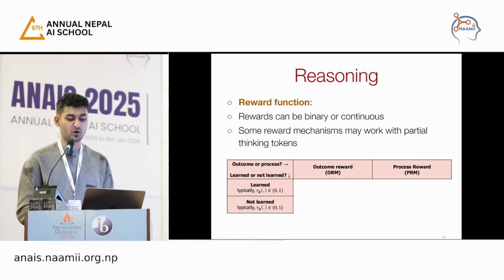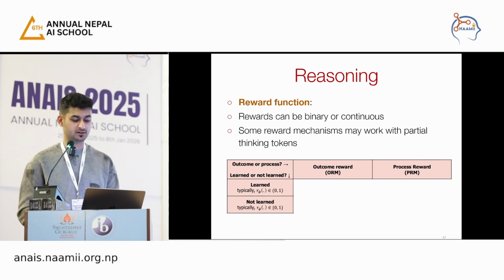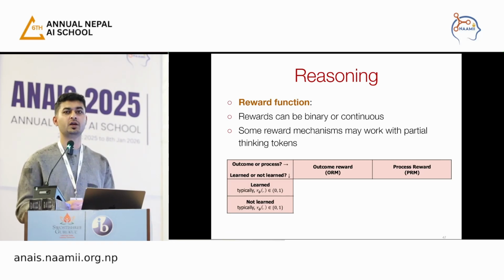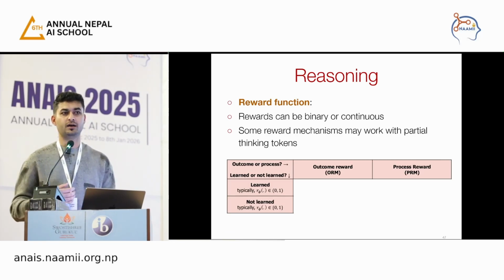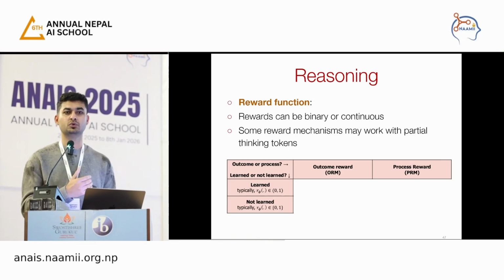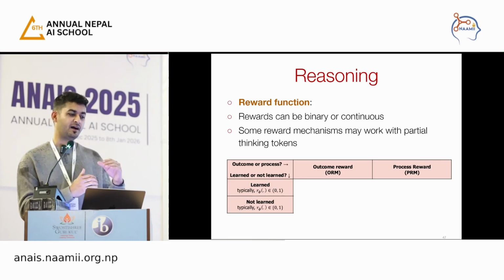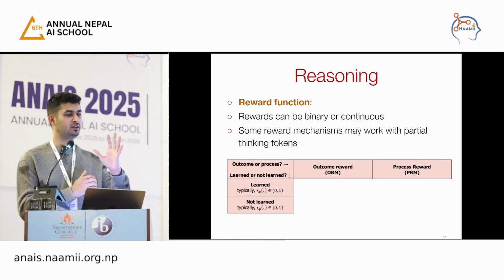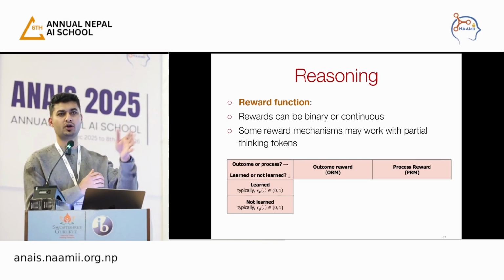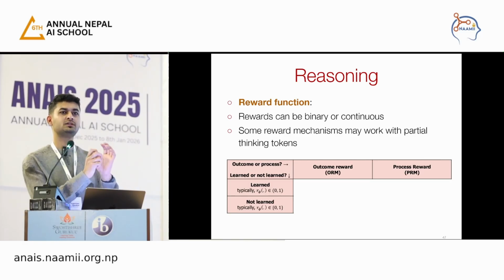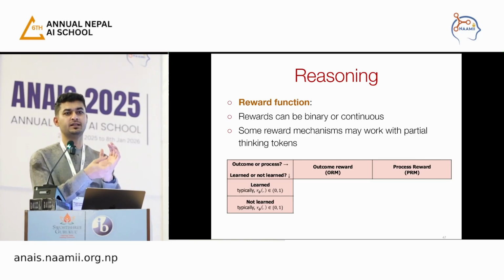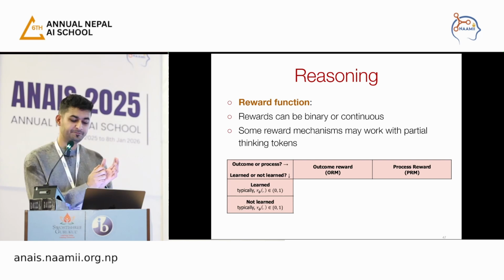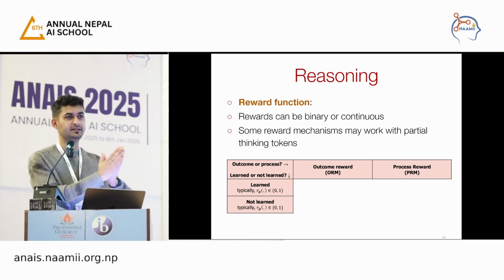There are also some reward mechanisms that may work with partial thinking tokens, where you haven't explored all the intermediate steps but you see them step by step partially. For example, to solve some task, if a model starts reasoning and after maybe 50 tokens or 500 tokens you realize this is a bad path the model has chosen, there are reward mechanisms that can tell whether that reasoning path is good or bad.